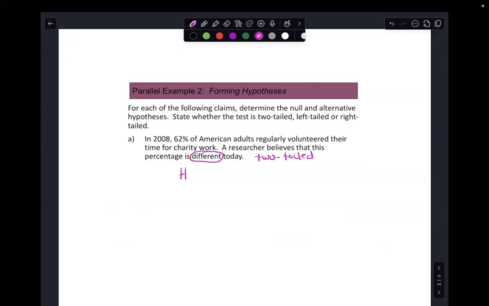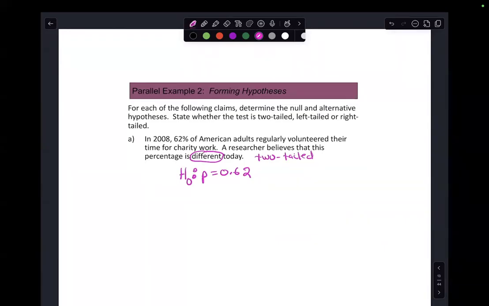Two-tailed. So my hypotheses are going to look like this. We're looking at a proportion. It's 62%, so I have p equals 0.62. Because this is a proportion, we use this symbol for proportion. So my null hypothesis is that the proportion of people who regularly volunteer is 62%.